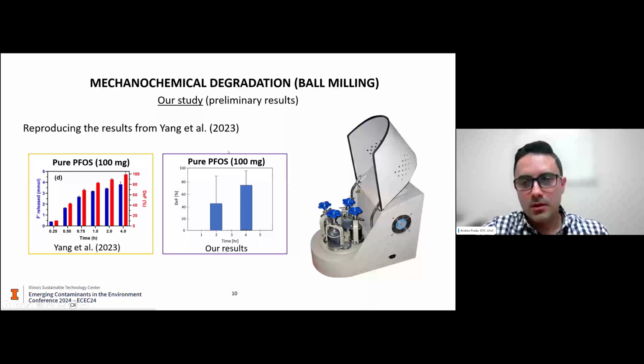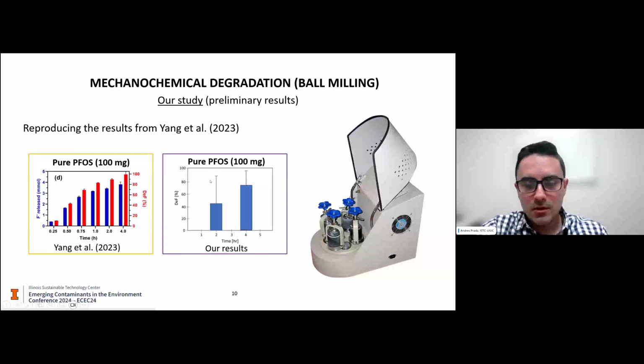We bought the planetary ball mill and started reproducing the same results. We're putting pure PFOS and boron nitrate: 100 milligrams of PFOS and 500 milligrams of boron nitrate, a 5:1 ratio.